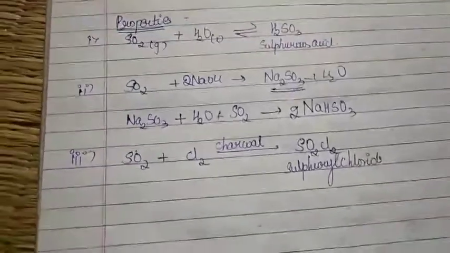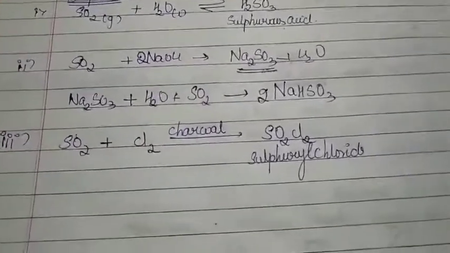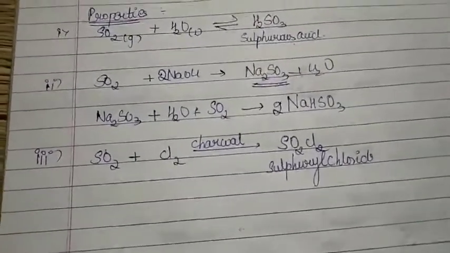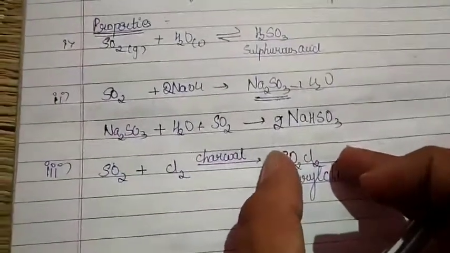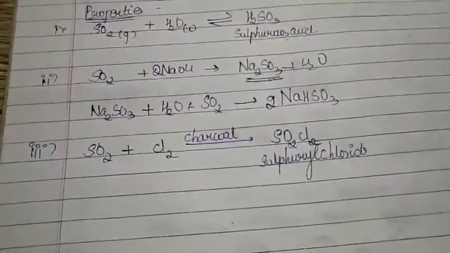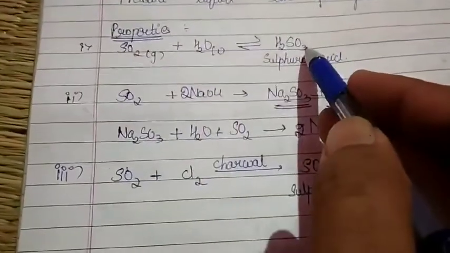Guys, why am I signifying these properties? Because it is important both for your exams and also for competitive exams. They can ask you directly to complete the reaction, giving the reactant or asking for the product part. That is the reason I am mainly focusing on the reactions in the properties. So when SO2 is reacting with water, it is giving you sulfurous acid.